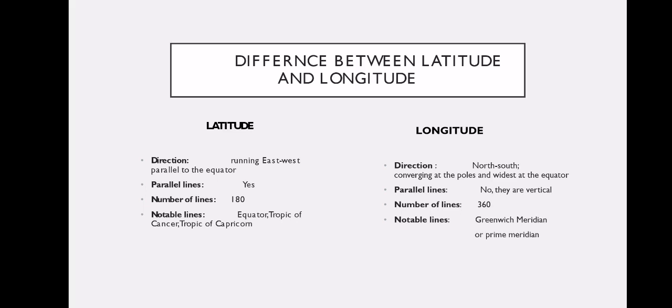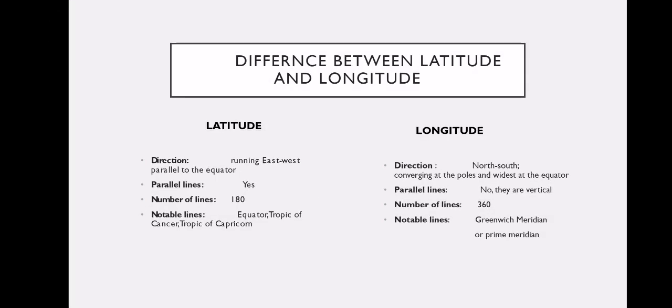Yes, parallel because they do not cross each other at any point around the globe, and they have similar distance between them. The number of latitudes running on the globe from east to west is 180, or we can say the degrees of latitude are 180 in number, 90 from the equator in the northern hemisphere and 90 on the globe south of the equator.